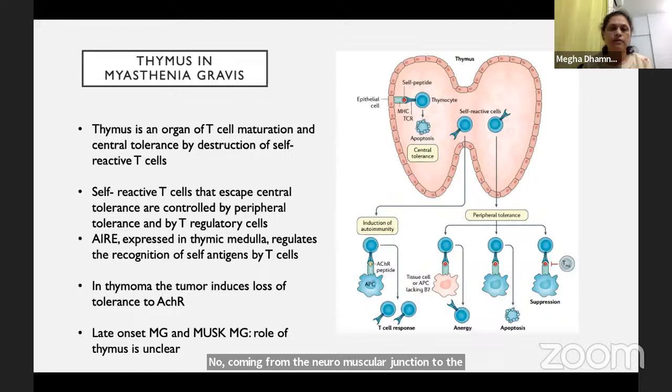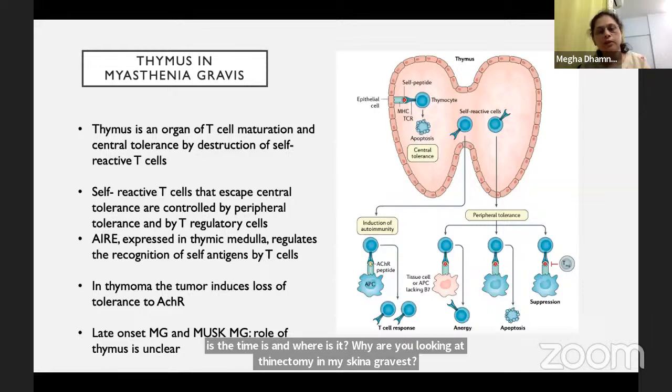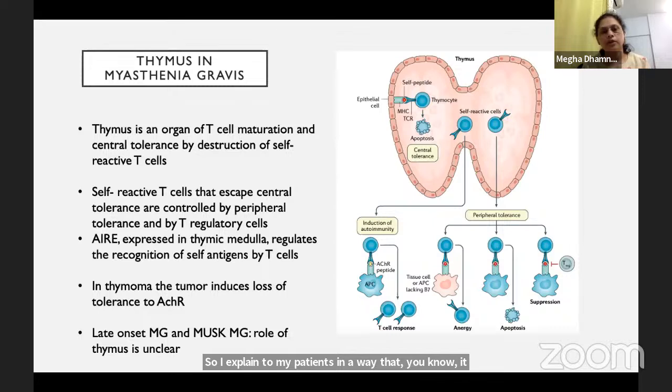Now, coming from the neuromuscular junction to the actual pathogenesis, what happens? What is the thymus and where is it? Why are we looking at thymectomy in myasthenia gravis? I explain to my patients that it's like a battalion which we are training. The thymus is the training center, where the T cells are trained by central tolerance and peripheral tolerance.